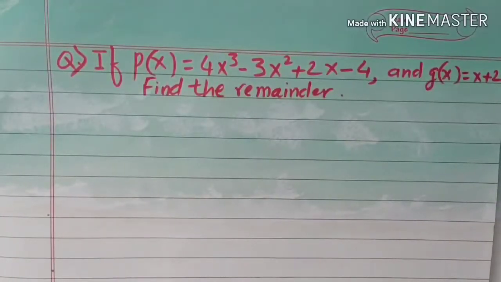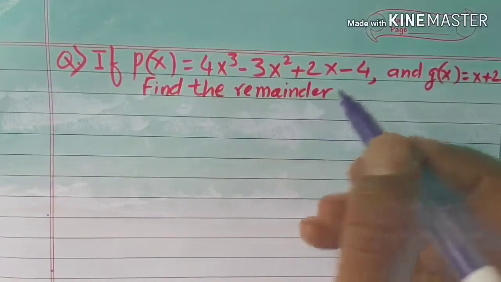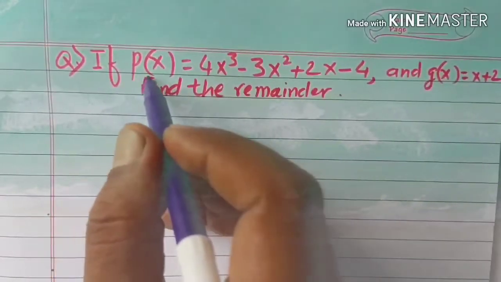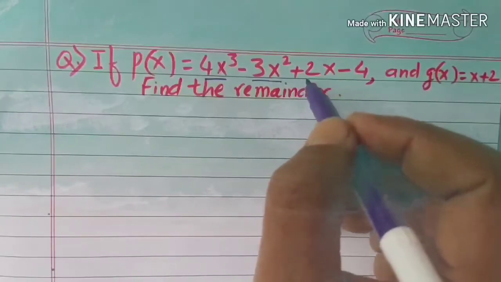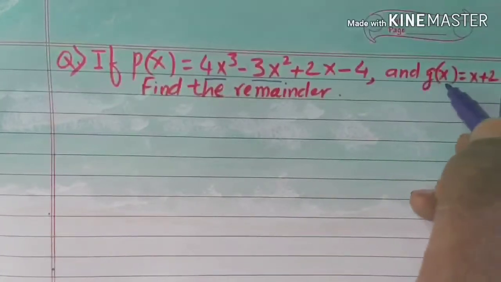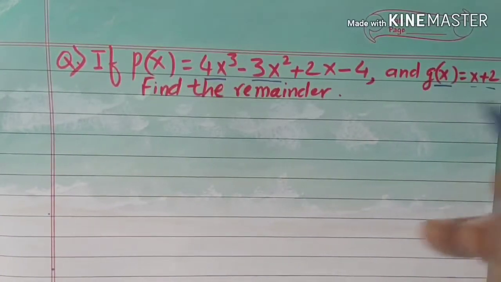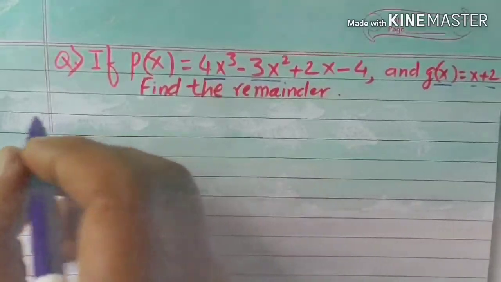Now I'm going to solve a question by using the remainder theorem. The question is: if P(x) is equal to 4x cube minus 3x squared plus 2x minus 4 and g(x) is equal to x plus 2, find the remainder.